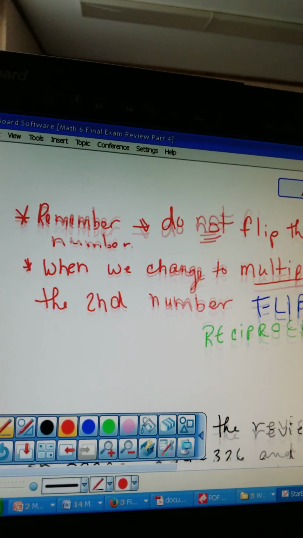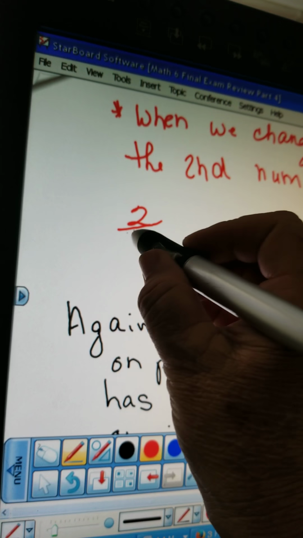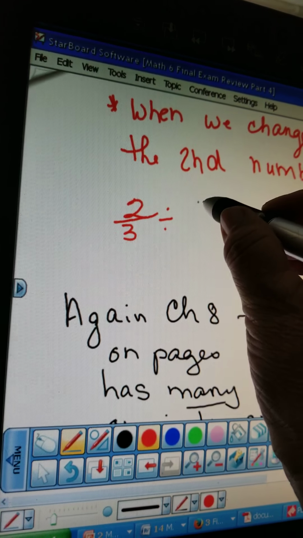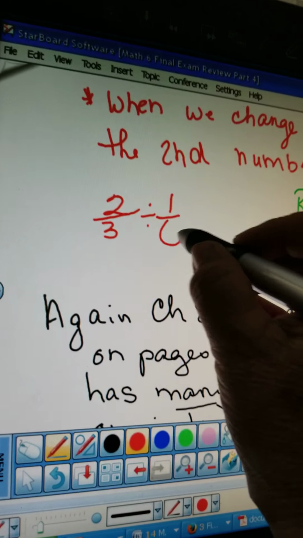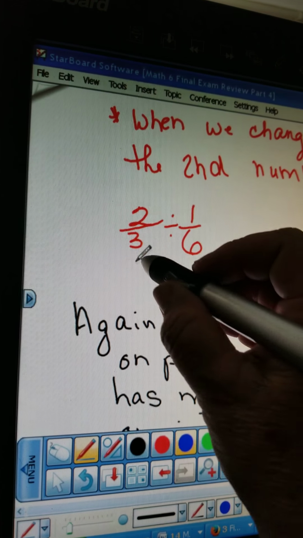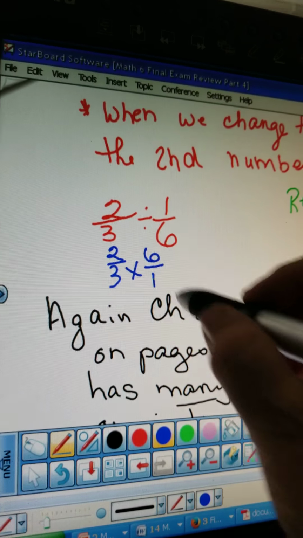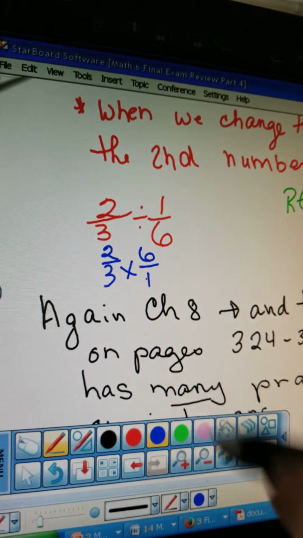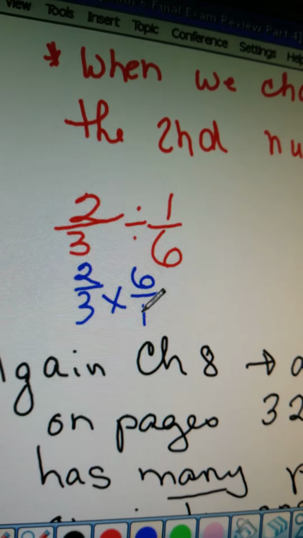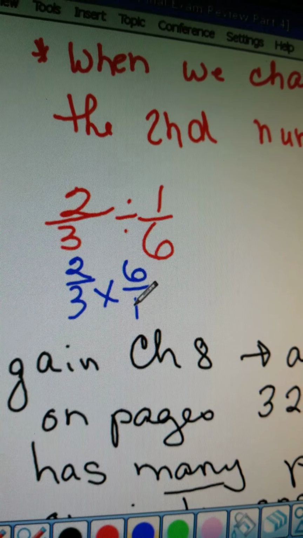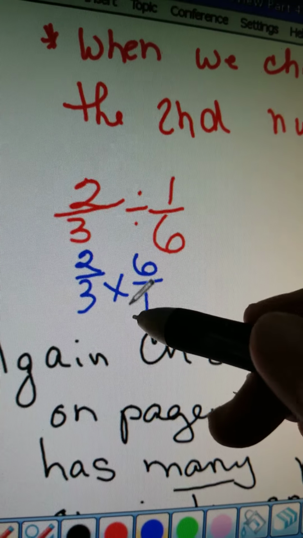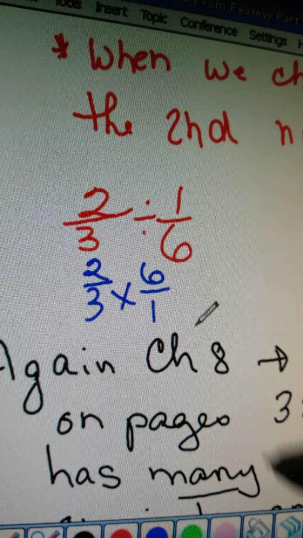So, if I have 2/3 divided by 1/6, I rewrite it as 2/3 times 6 over 1. Notice the first number stays the same because I didn't change anything. It's just like in science, for every action there is an equal and opposite reaction. When I change the division, it goes to multiplication.